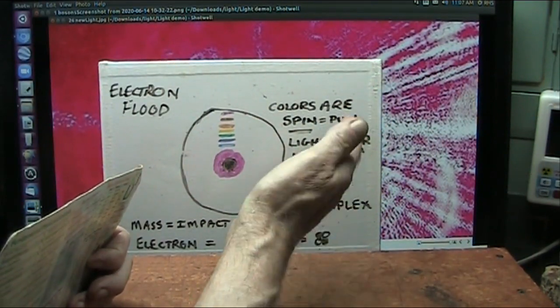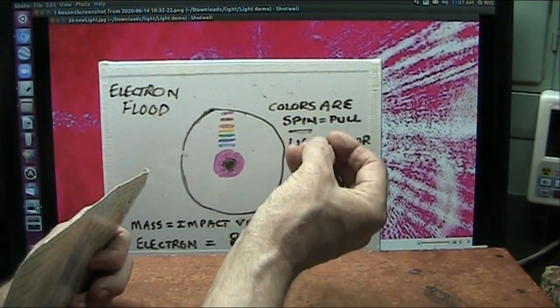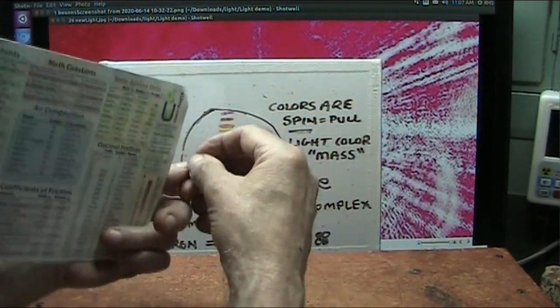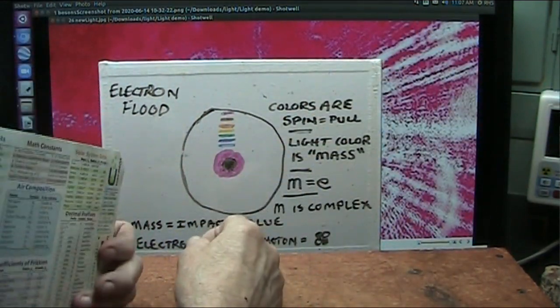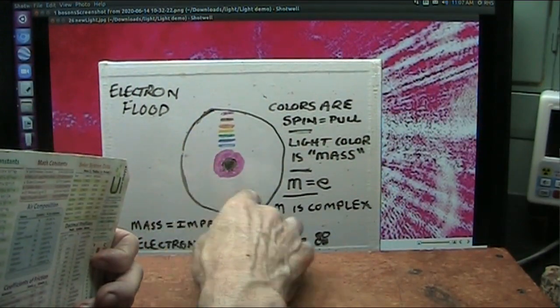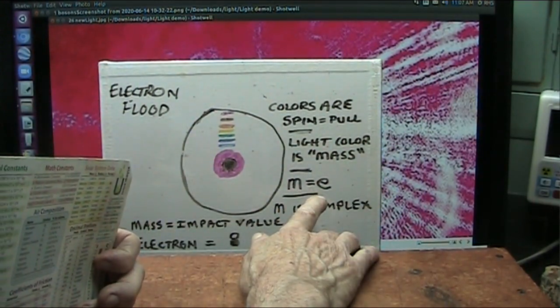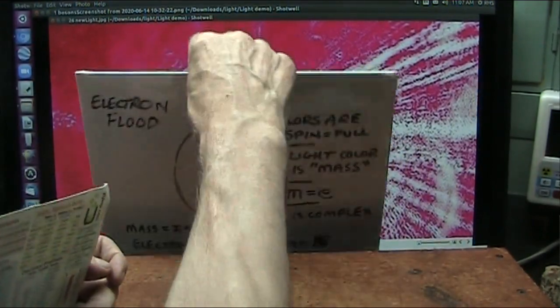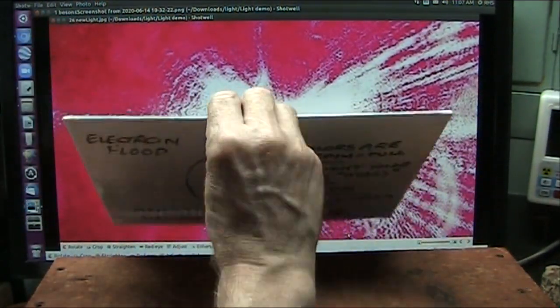The color of the light is a matter of the mass of the particle and the impact, which gives another spinner that is going to be one of these colors. So the mass is energy. There's no c-squared business, because light can accelerate. I showed you the light accelerator. It's right there. We accelerated light. We could slow light down.